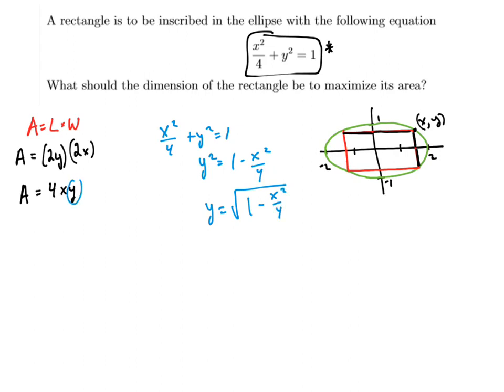So that's what I'll substitute in right here. Once we make that substitution, we have an equation with just one variable. I want to take the derivative of this equation. Before I do that, I'm going to rewrite this using exponents.